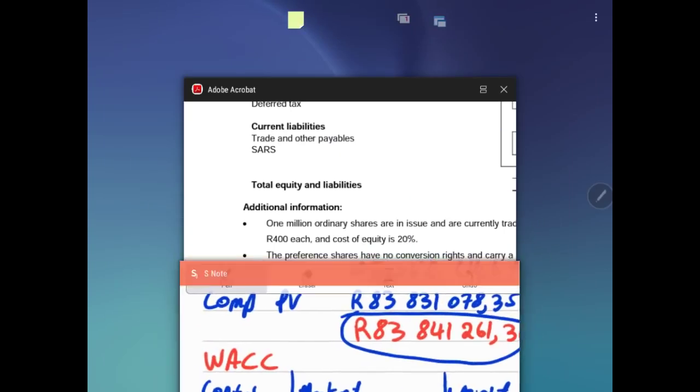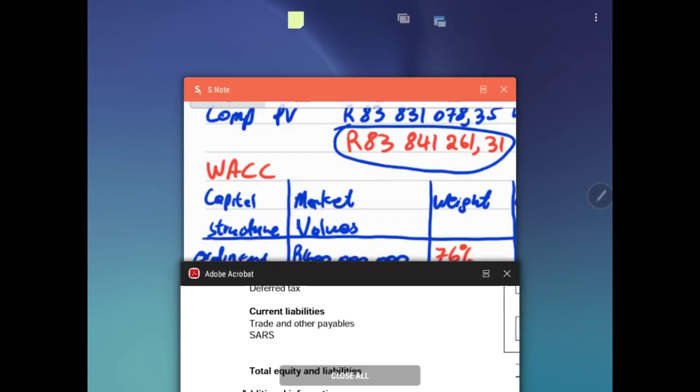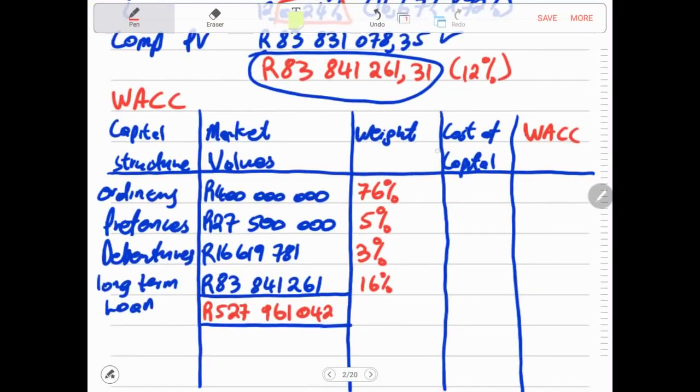The cost of ordinary shares was 20%, and the cost of equity was 20%. So now we take that as it is, meaning, remember, cost is what we are currently paying on a specific financial instrument.